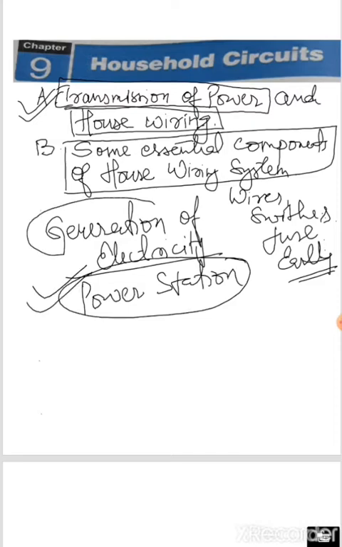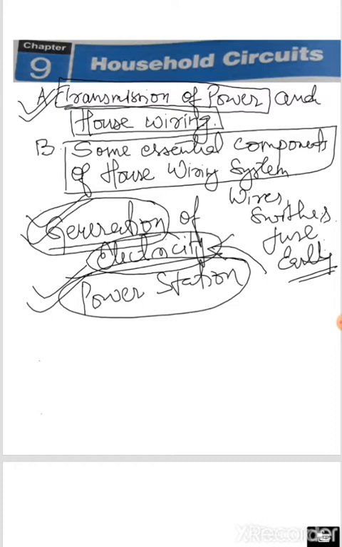Do not use the word created, because electricity is a form of energy, and energy can neither be created nor destroyed, but it can be converted from one form to another. So here we say generation of electricity means it is converted from some other form of energy. So we are getting electrical energy from some other form of energy.